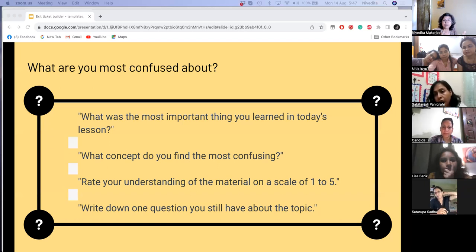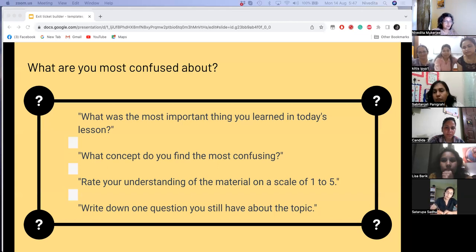I have some templates of exit tickets that I had shared with you sometime earlier. Today I will discuss with you how you can use each of these templates, and then you can modify them on your own. For example, what are you most confused about?